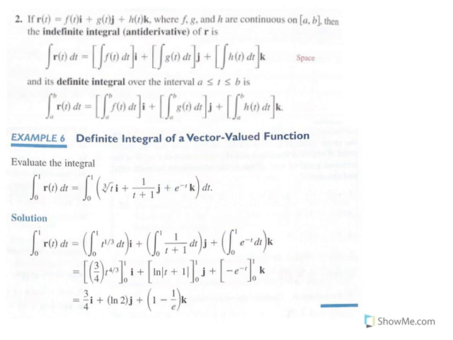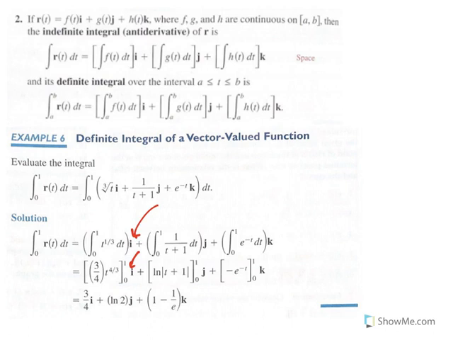All you need to do now is find an antiderivative of t to the 1/3. You use the power rule for integration, add 1 to 1/3, you get 4/3, divide by 4/3, which is the same as multiplying by 3/4, and evaluate the antiderivative at the upper and lower limits of integration, and subtract. That's using the fundamental theorem of calculus, and of course multiply by the standard unit vector i.